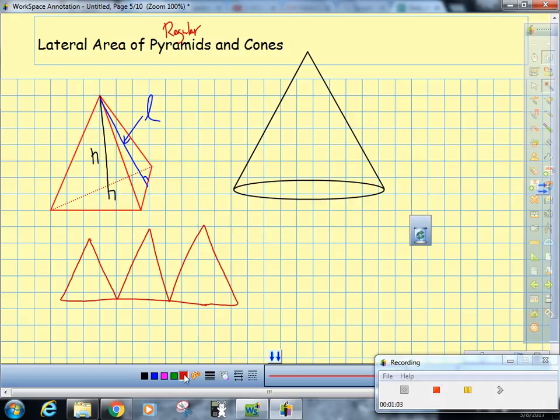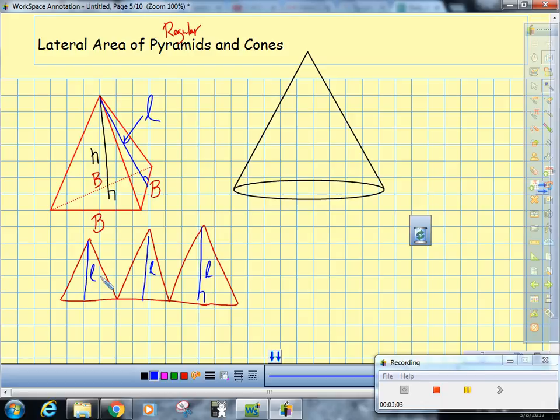And like I said before, this is a regular pyramid, so all of those bases are the same. So the lateral area is the area of the sides. That's the area of the triangles. They all have what for the height? They all have the slant height for the height, because those triangles have been folded.